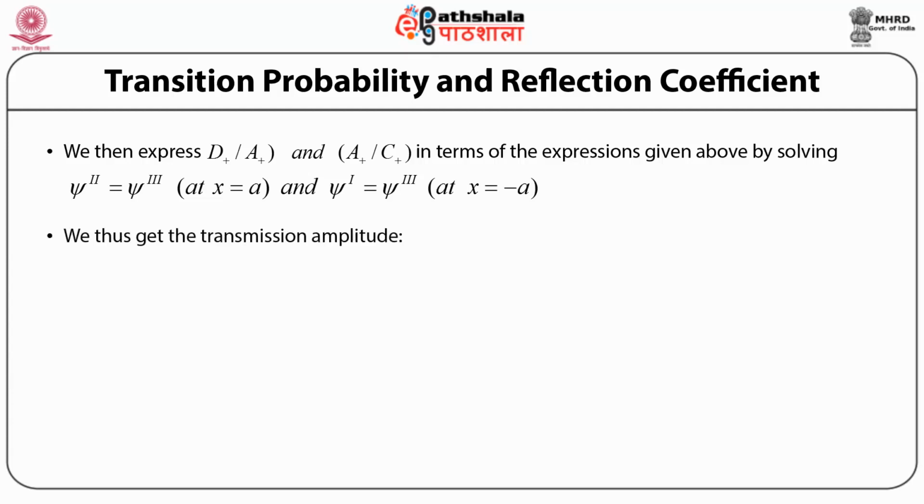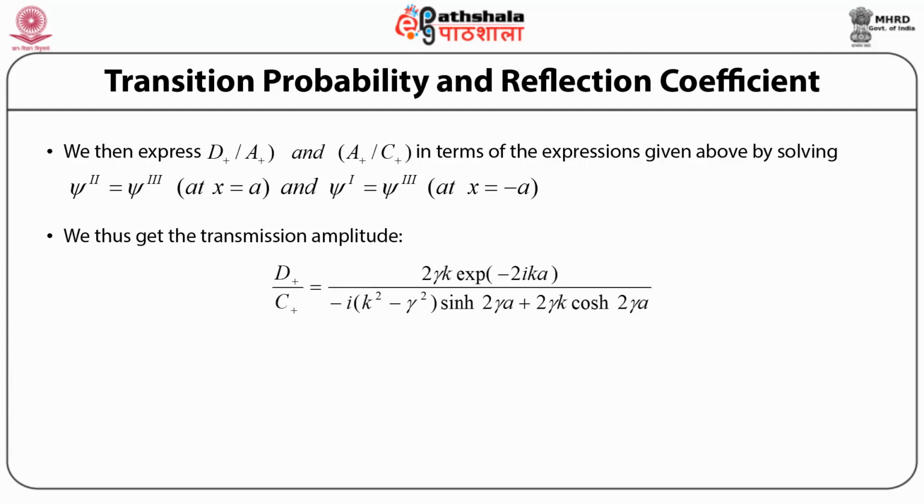We thus get the transmission amplitude as D plus divided by C plus equal to 2 times gamma k into exponent minus 2 iota k divided by minus iota into k square minus gamma square into sinh 2 gamma a plus 2 gamma k into cosh 2 gamma a.